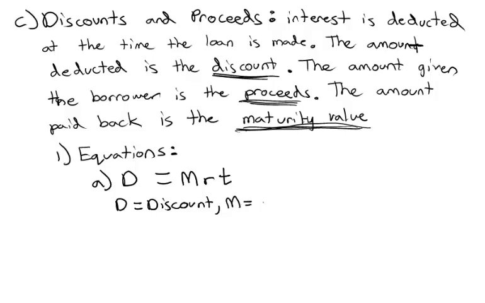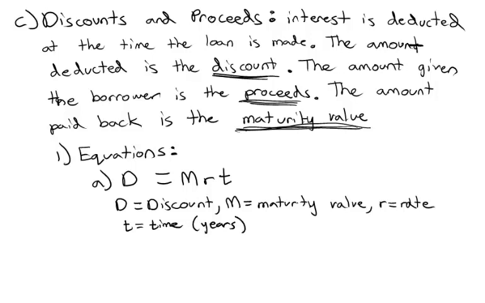M is equal to the maturity value. Maturity value is how much is paid back at the end. R is the rate. And T is the time. And again, time has to be in years.